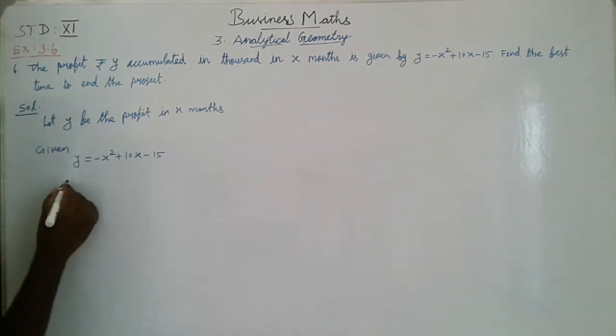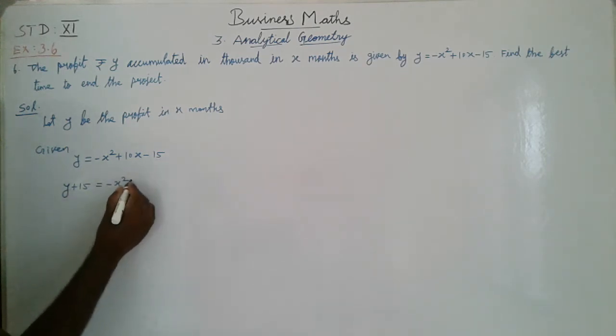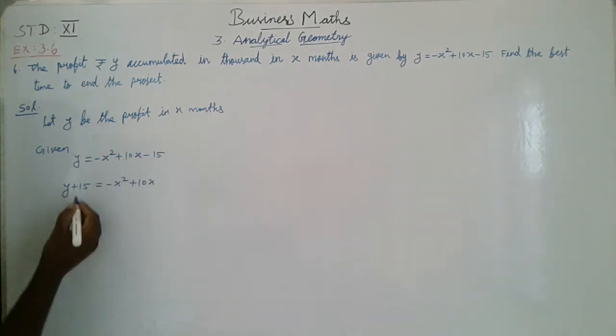Y is equal to a constant, so we take the constant to the left: y plus 15 equal to minus x square plus 10x. Minus 15 we take to the left as plus 15.